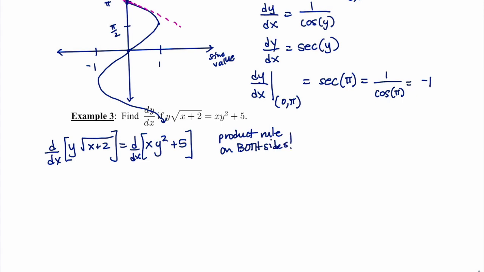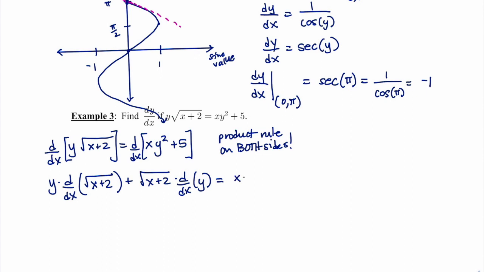So when I do the product rule, I do the first factor times the derivative of the second, and I'm just going to map this out. So y times the derivative of the square root of x plus 2, plus the second times the derivative of the first. And on the right side, I'll have the same thing. I just have a product for the derivative of xy squared, but then plus the derivative of 5.